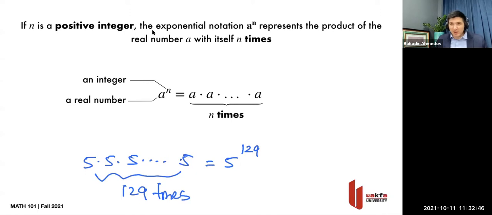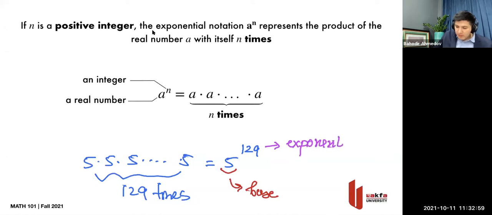We call this an exponential number, where the bottom part is called the base, and the upper part is called the exponent. So far, we are going to restrict n, this exponent, to be an integer. Do you remember how we denote the integers? Whole numbers?